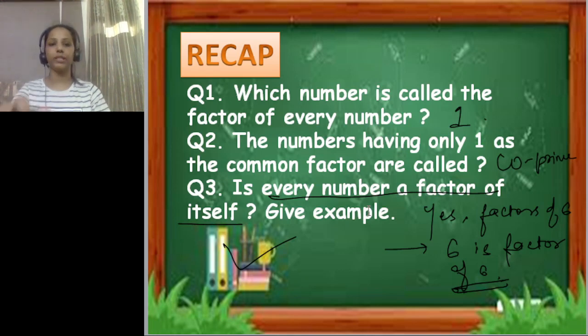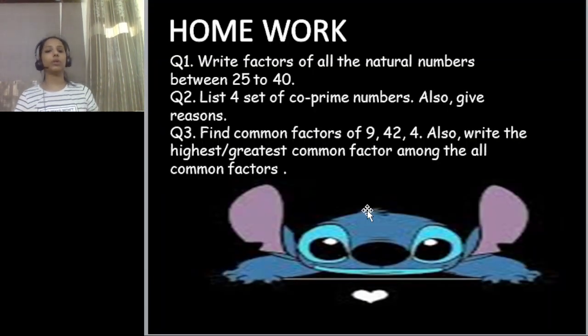That's great. Okay. Now you can do some homework so that you can practice and get prepared for factors and common factors. You can do this work as an assignment. Write the factors of all the natural numbers between 25 and 40.